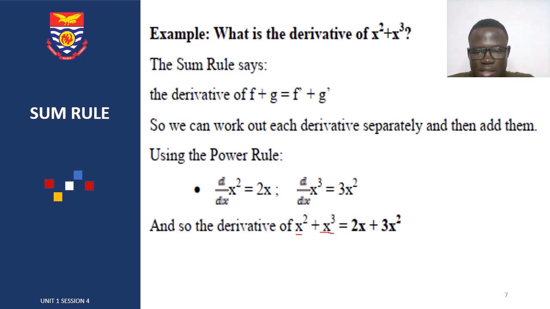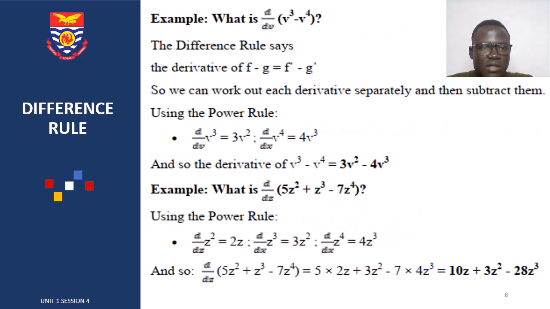So in this case, x squared is going to give us 2x, x cubed is going to give us 3x squared, and then we can now add them to get the derivative of the function x squared plus x cubed.